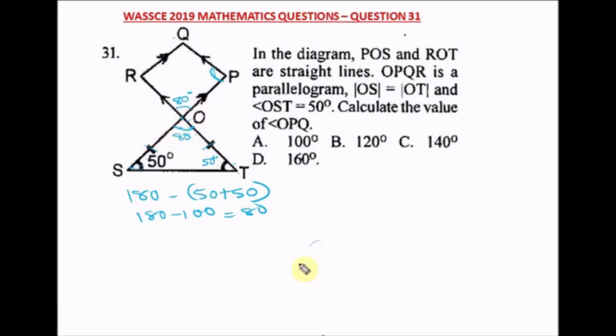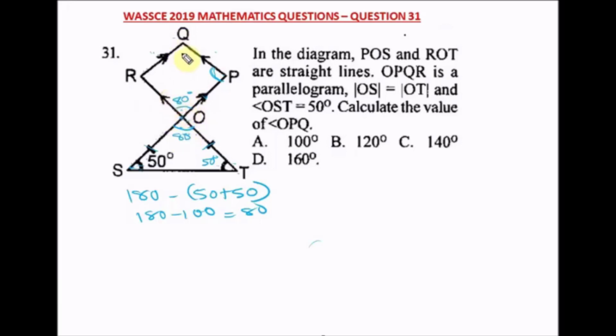Sorry, I'm not writing down these values here. If I write them down, it's going to take a long time. But listen to me. Opposite angles are equal. Remember that particular property and rule too. Our question is a parallelogram, and a parallelogram has opposite sides equal, and also the opposite angles are equal.